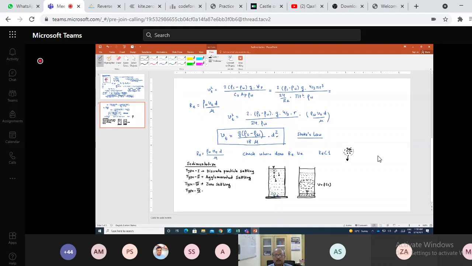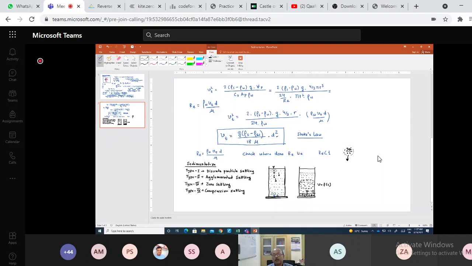solution. And then lastly we have type 4 settling, which is known as compression settling. This is not really settling, but because it is also a part of the settling phenomenon in the cylinder, it is known as compression settling. Here, when particles sit at the bottom, and another layer of particles tries to sit on top of it, because the weight or pressure is increasing over these particles, the water that is retained within the particles gets squeezed out.